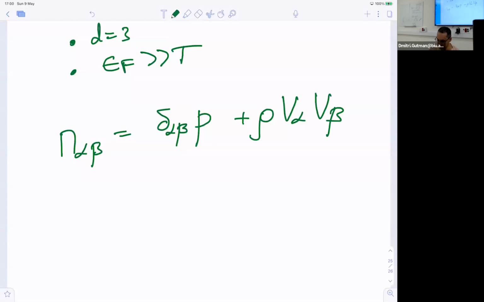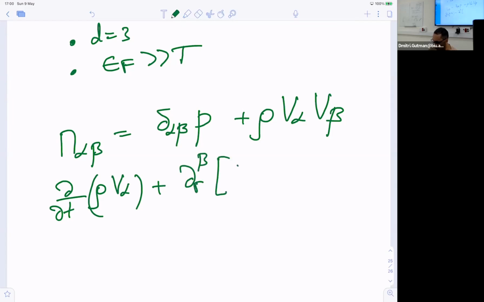And the meaning of this P alpha beta, this object was defined as d over dt of rho V alpha plus d over dr component beta of P alpha beta is equal to 0. So this was essentially momentum conservation, the second law of Newton.